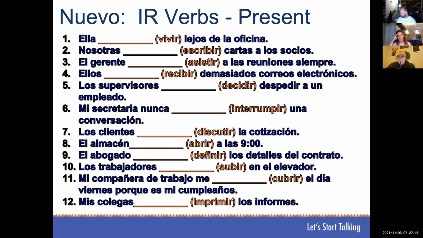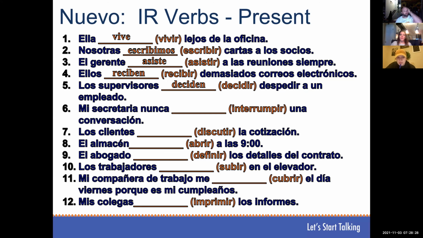Perfecto. Carly, número 1. Ella vive lejos de la oficina. Nosotros escribimos cartas a los socios. El gerente asiste a las reuniones siempre. Ellos reciben demasiados correos electrónicos. Los supervisores deciden despedir a un empleado.